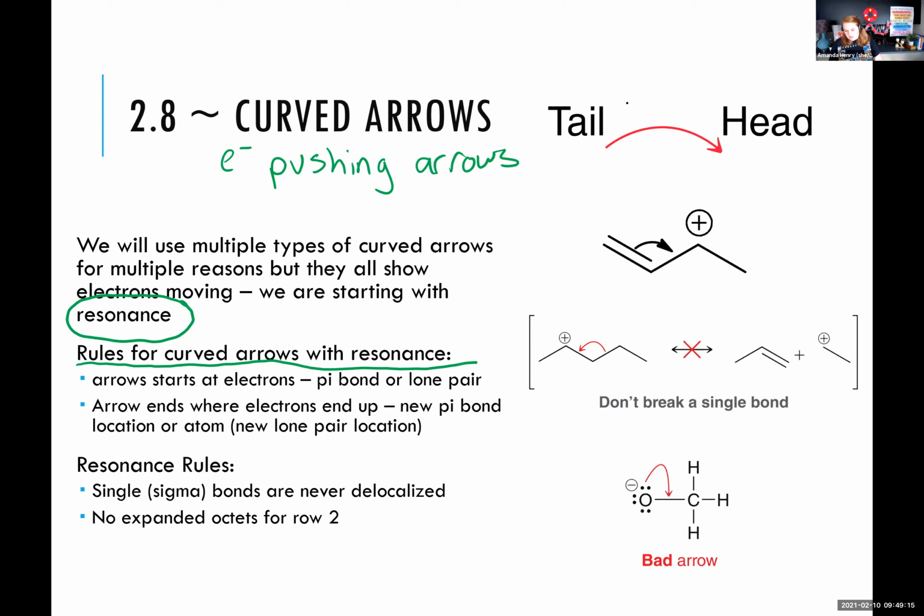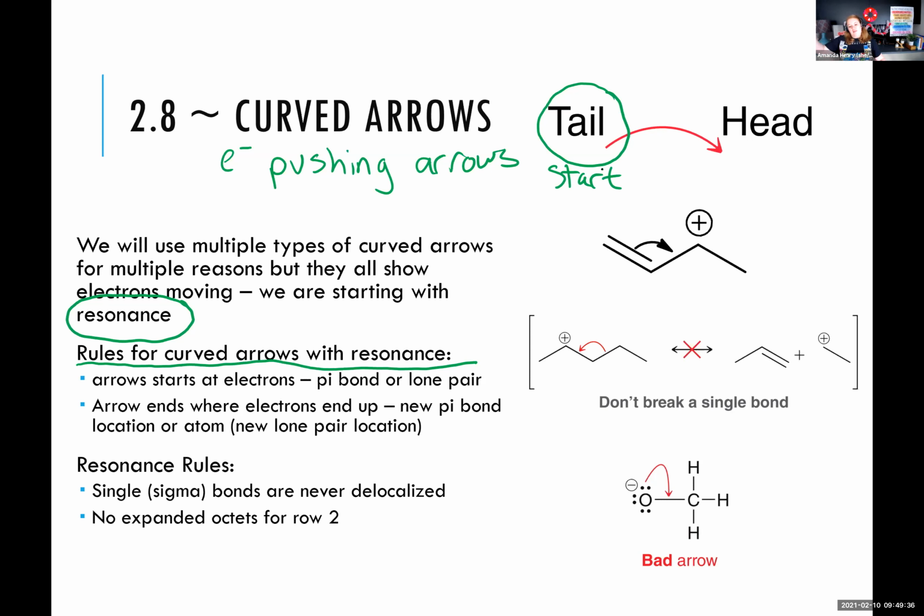So notice our language up here. The tail of the arrow is what we call where it's starting. This is where the electrons are starting from.